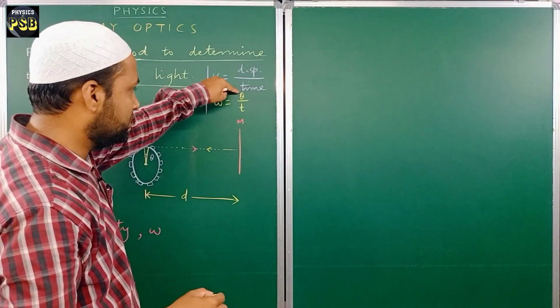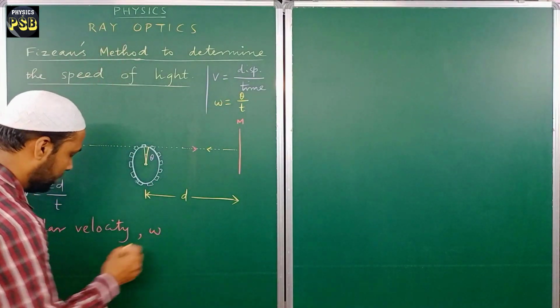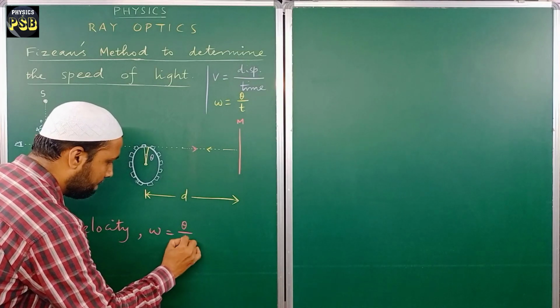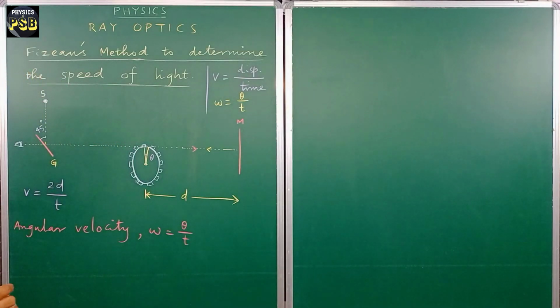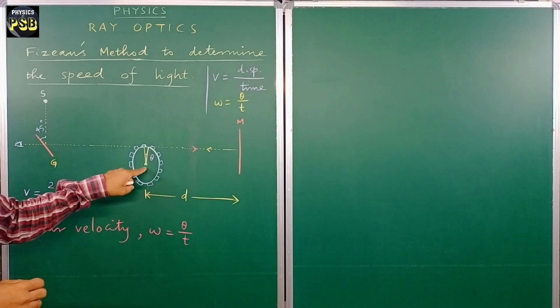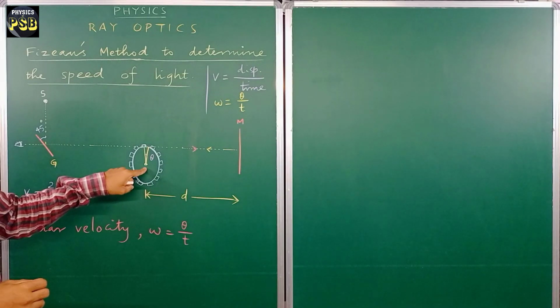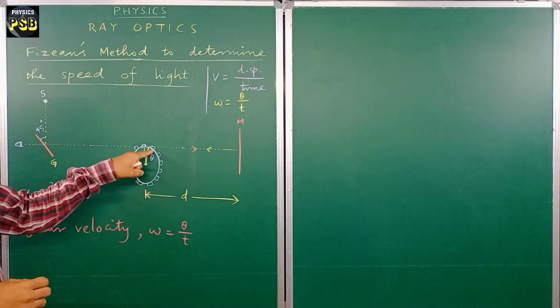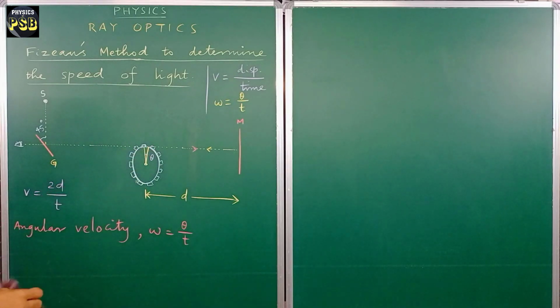Here theta is the angular displacement and t is the time. So omega is theta upon t. Already I have shown you how to get the value of theta. Here theta is the angle between a tooth and the cut beside it.